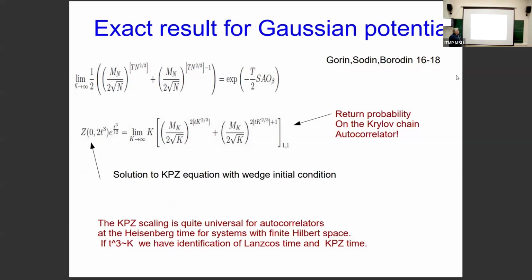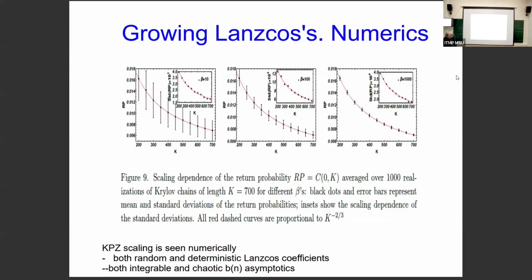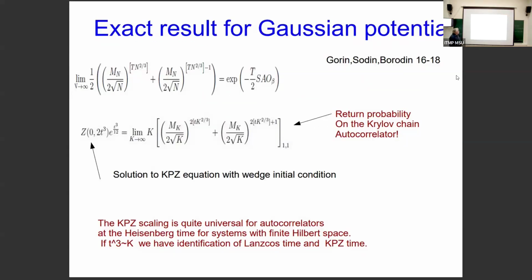And just this result provides us the answer to where this KPZ scaling comes from. Look at this equation. So we consider this return probability on the Krylov chain. This is nothing but the autocorrelator.